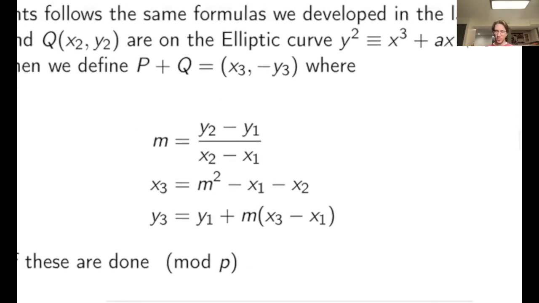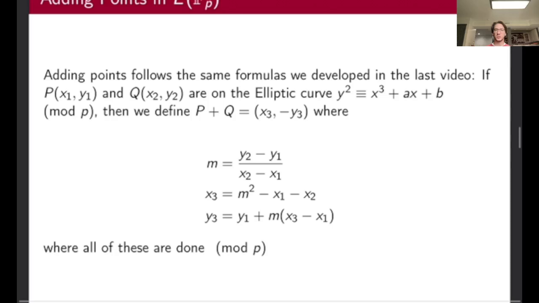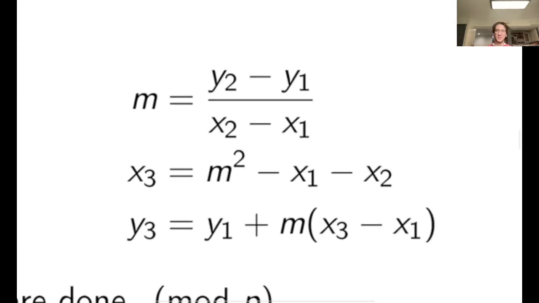So if I want to add the point P, which is (x1, y1), and Q, which is (x2, y2), on the elliptic curve y squared equals x cubed plus ax plus b mod P, then I define P plus Q as (x3, minus y3), where m is y2 minus y1 over x2 minus x1. x3 is m squared minus x1 minus x2. And y3 is y1 plus that slope times x3 minus x1.